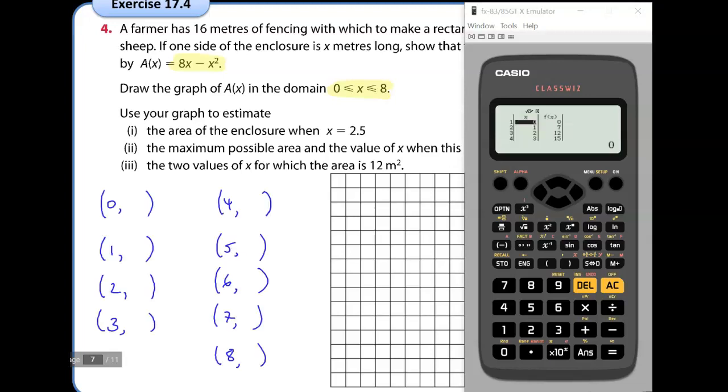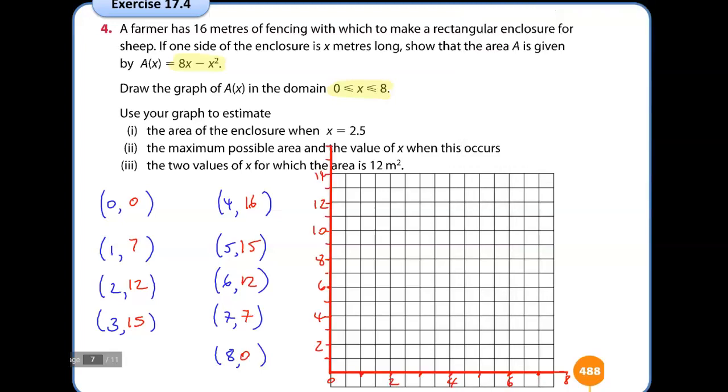And so we can fill in our values. You can see here we've got our values of 0 and 7 and 12 and 15 and 16 and 15 and 12 and 7. And almost certainly the last one is going to be 0. I'm wanting a scale from 0 to 8 along the x-axis and from 0 up to 16 on the y-axis. And I can plot the points using pencil and smooth curve.